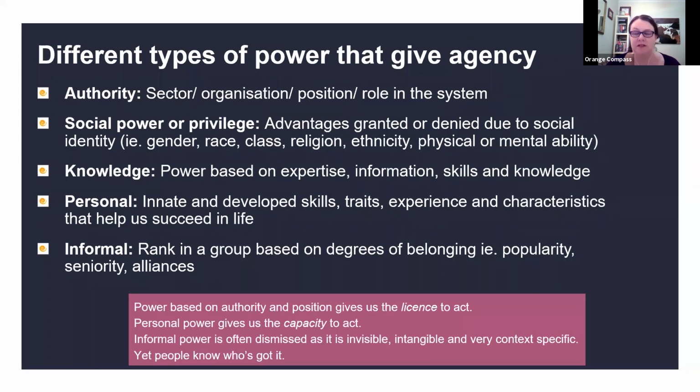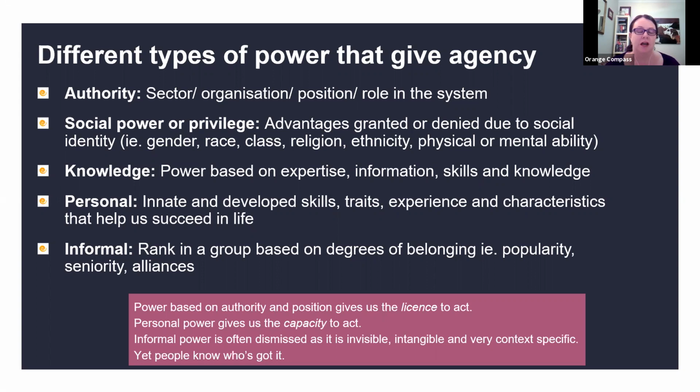There are different types of power. This is really important. The most obvious or known is authority-based power. So there might be sector, organizational, positional, role-based power in the system. We also have social power or privilege, advantages granted or denied due to social identity, things like class, ethnicity, mental ability. Knowledge, power based on expertise, information, skills, and knowledge.